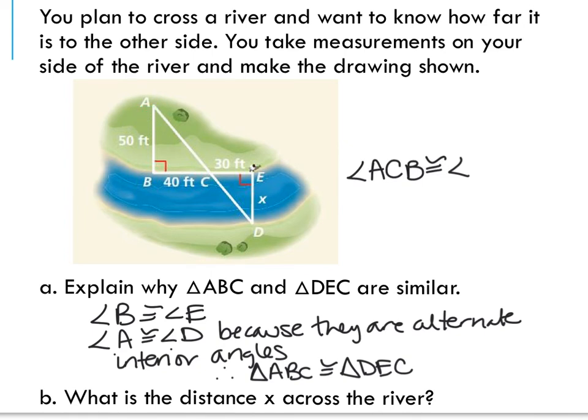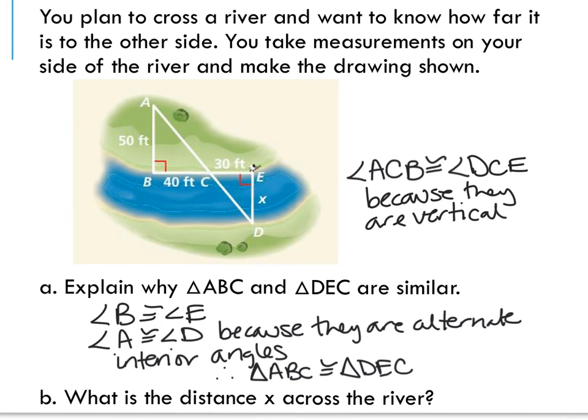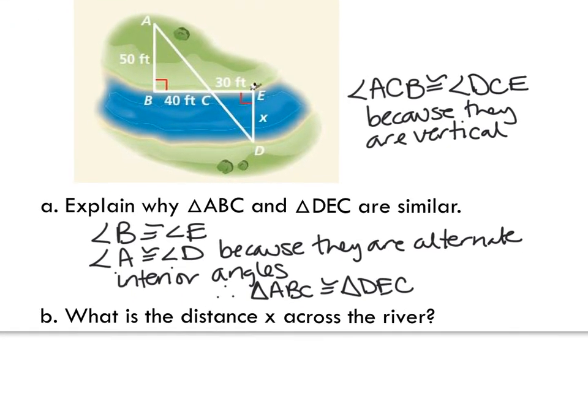So since I started up at A here, I'd start down at D here. D, C, there's my vertex, E. And that's because they are vertical. And we know vertical angles are congruent to each other. Okay, again, you really only need 2 of those, but it's very important that we understand how to label an angle when it's too confusing to just use 1 letter, because that will pop up in the future.